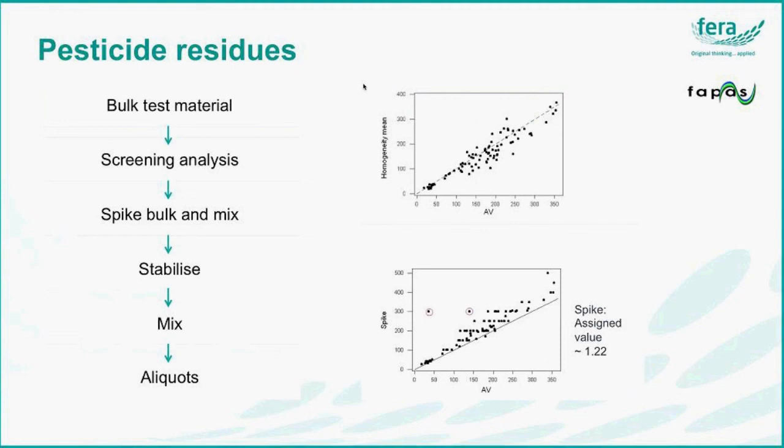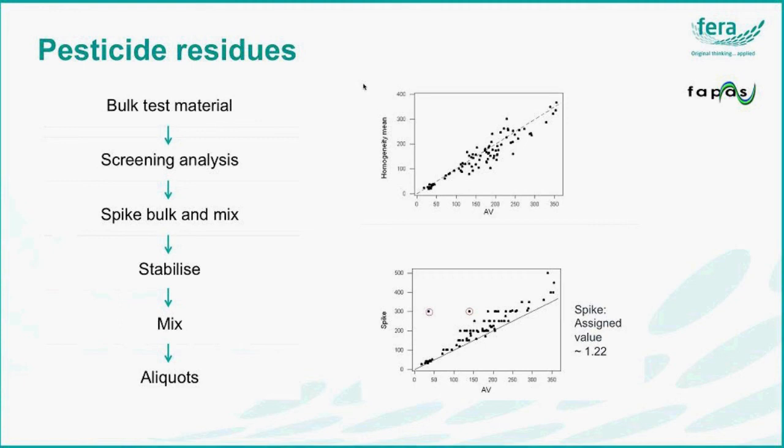For pesticide residues, there is a different effect. It's not analytical, but it is to do with the matrix effect of the sample. We prepare the material by taking a bulk matrix, screening it, spiking with pesticides, and then leaving it to stabilize, especially for cereal products.